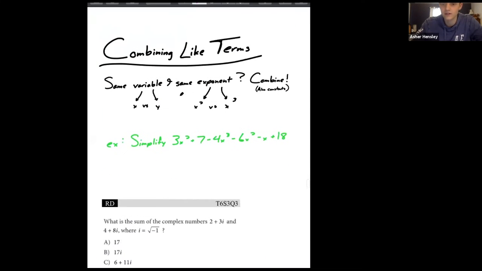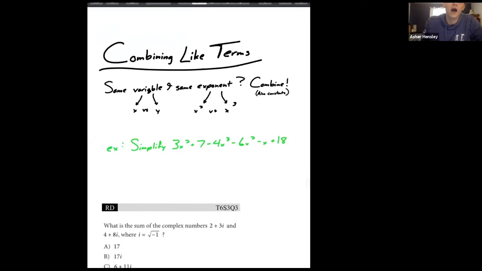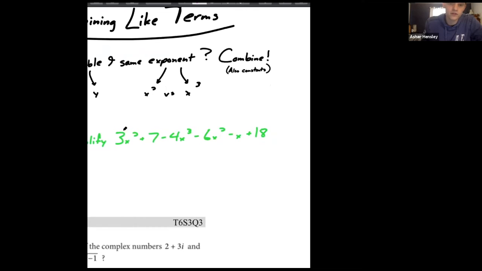Next, we have combining like terms. That just means either you have different variables or different powers that you need to combine differently. In this case, we have different powers, and that means we need to keep them separate. This needs to stay with this. This is all alone. This is all alone. And then the constants need to come together.